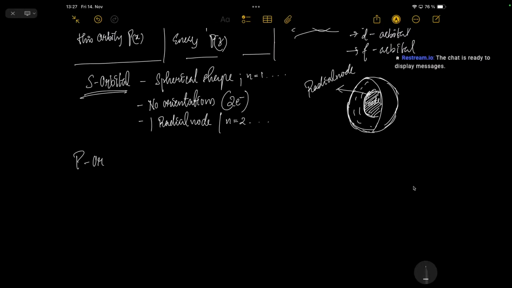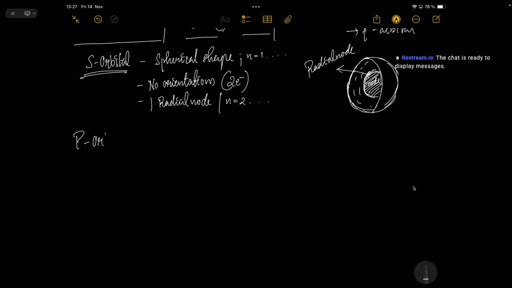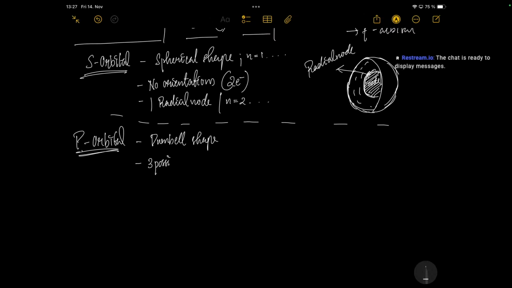Now the p orbital. Oh, come on, I forgot that it was not sharing on the main screen. P orbital: dumbbell shape, three orientations: Px, Py.